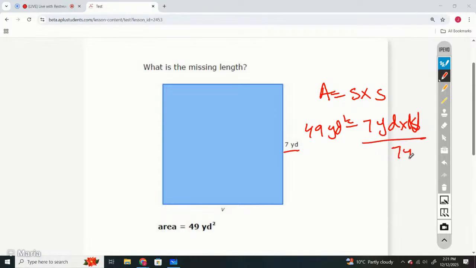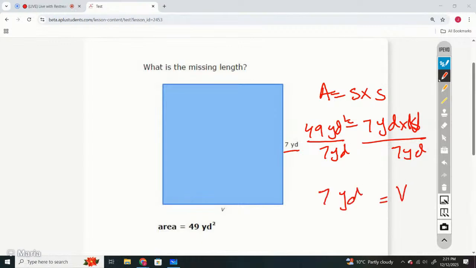So we need to divide both sides by 7 yards because we need to isolate the variable V. So that's why we need to divide by 7 yards on the other side. So 49 divided by 7 is 7.